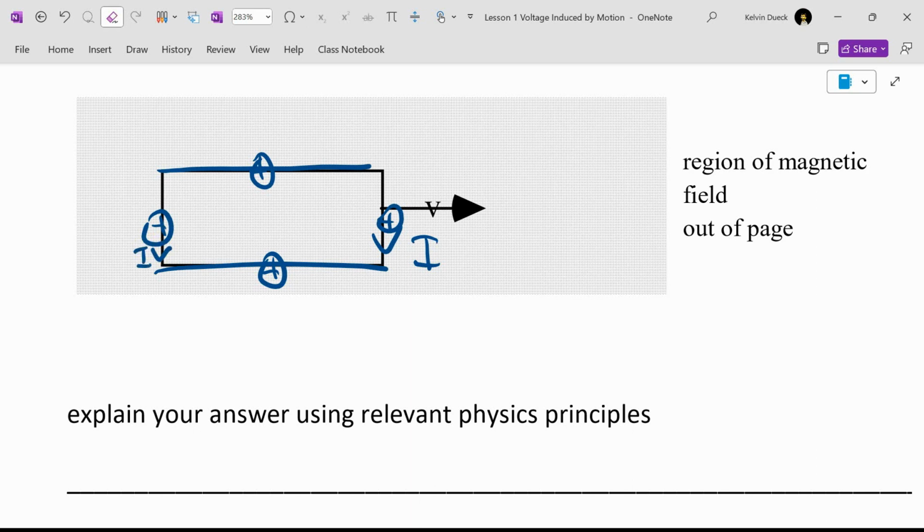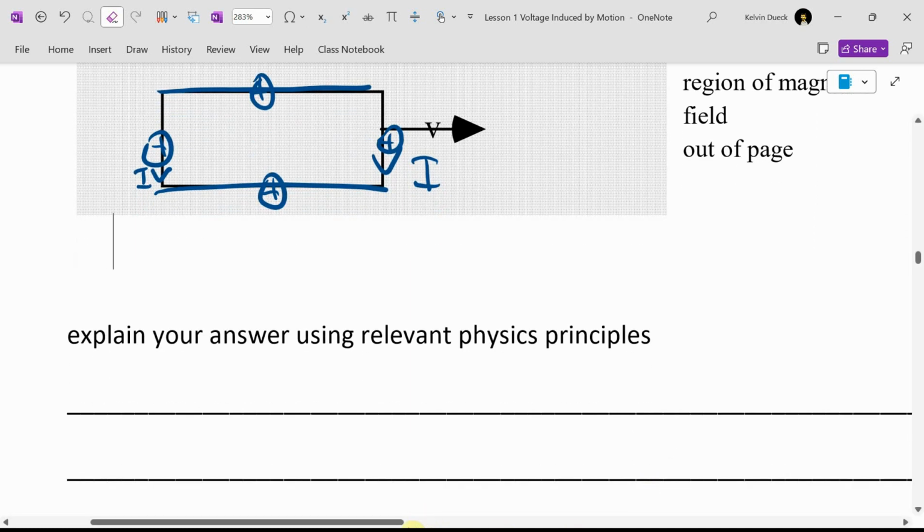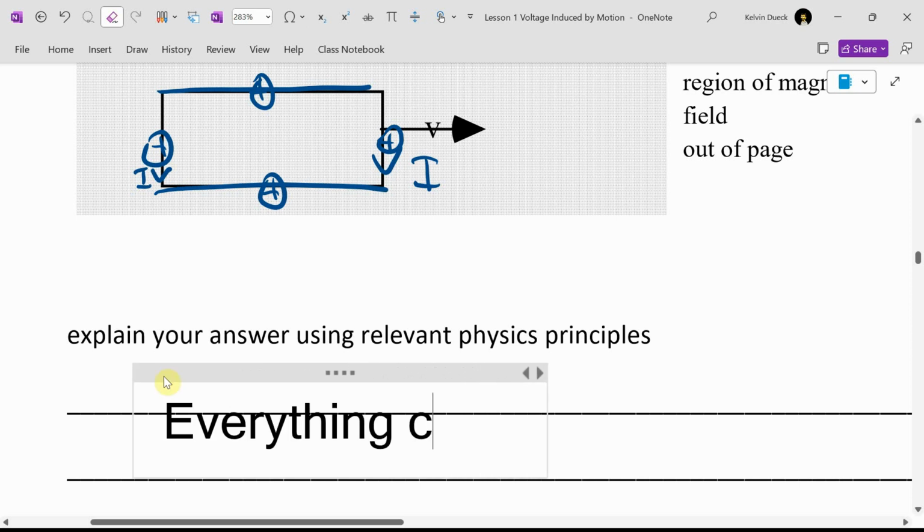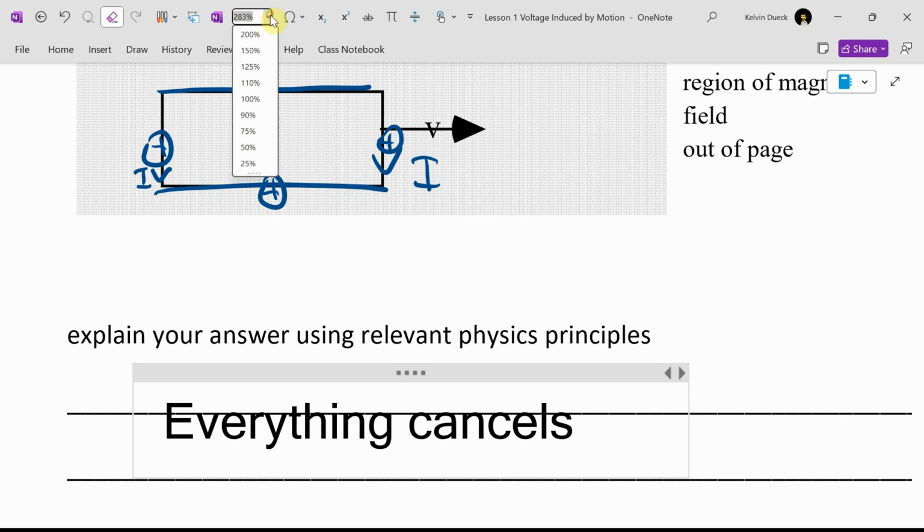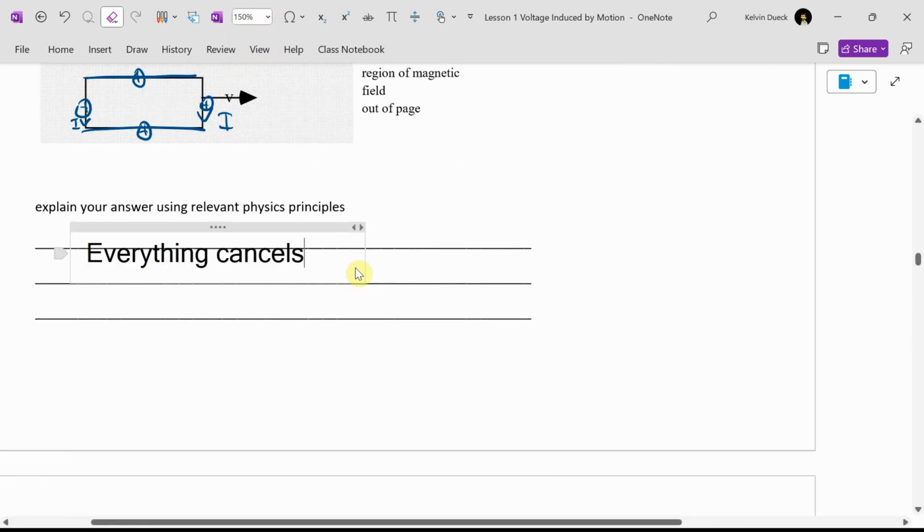And what you'll end up with are two identical opposing currents. In other words, everything cancels out. You get nothing. Everything cancels. So that was their next thought, was maybe a loop is going to work. Nope. Rats.